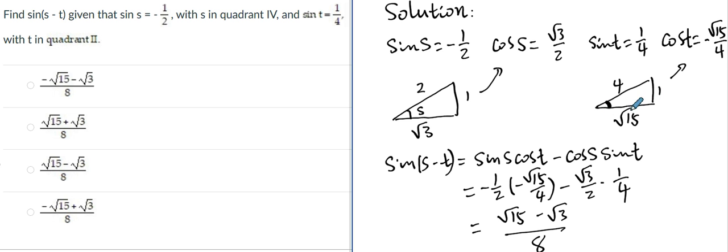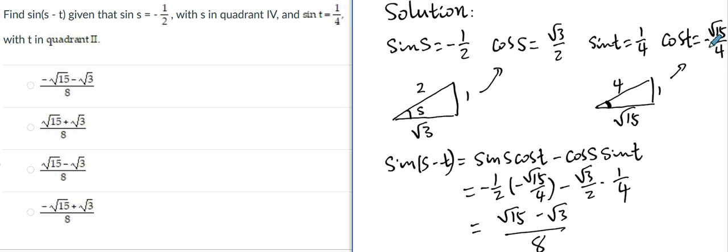Then the adjacent will be radical 15, because radical 15 squared is 15, 1 squared is 1, 1 plus 15 is 16, which is 4 squared. So then cosine t will be adjacent, radical 15 over 4.